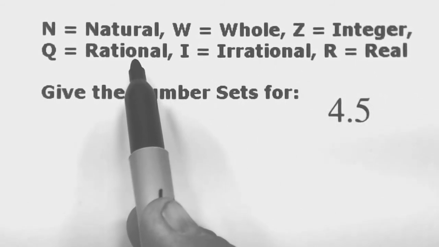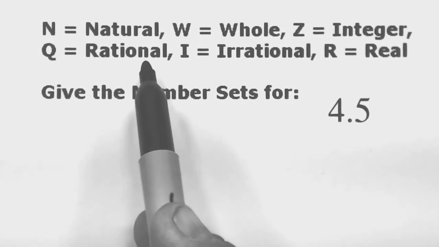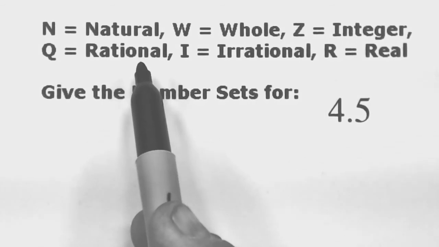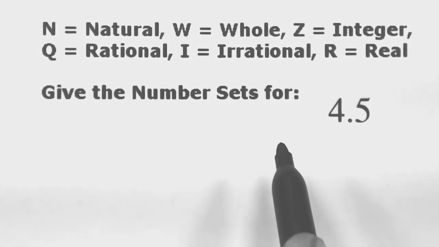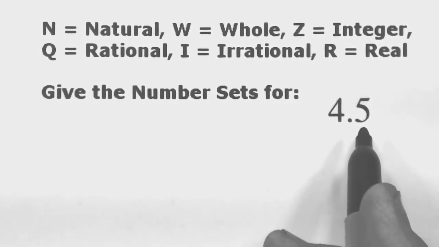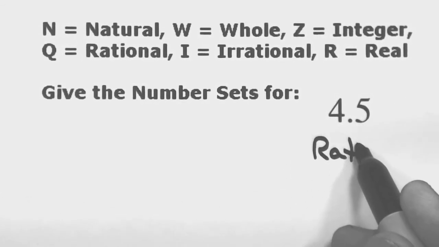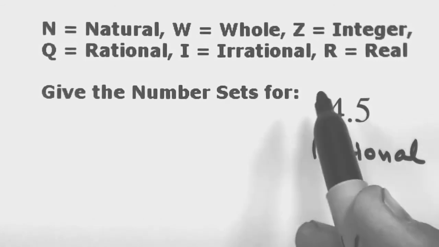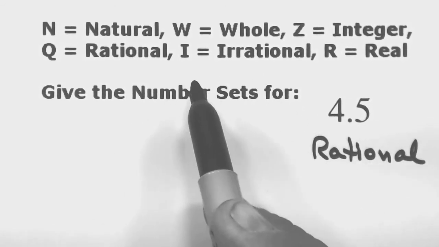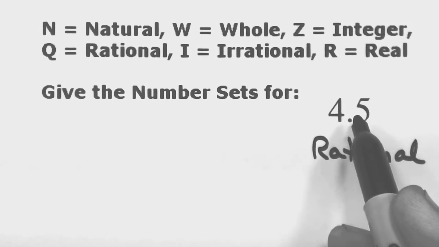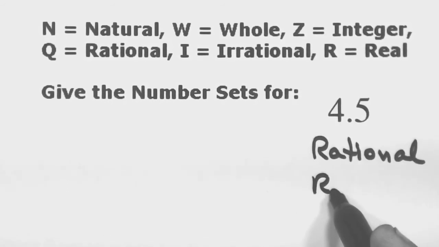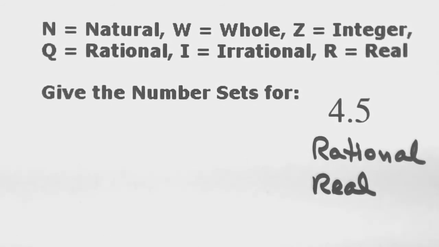But when you get to the rational numbers, remember that a rational number, besides being written as a fraction, can be written as a decimal if it terminates or repeats. Well, this one terminates right here in the tenths place. So that means it's definitely a rational number. It's not irrational. Remember, irrationals, decimals go on forever. This one terminates. But of course, it's also a real number.